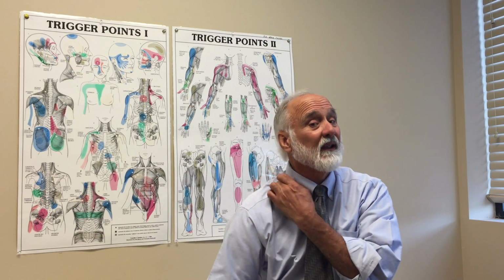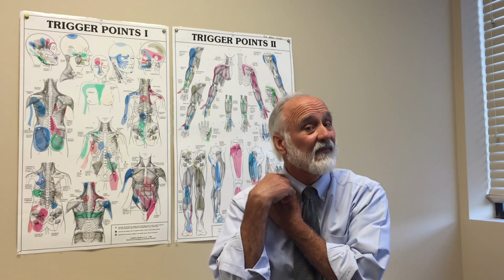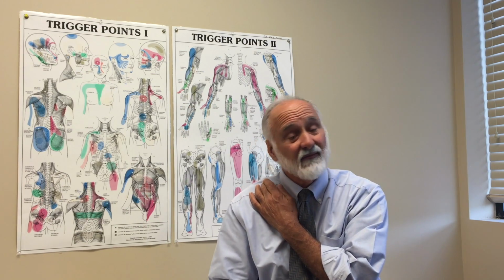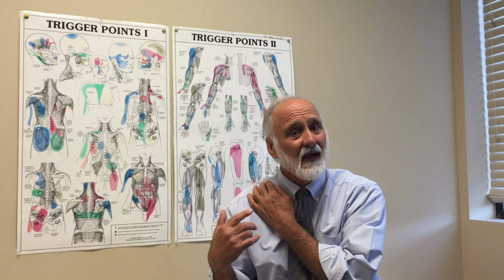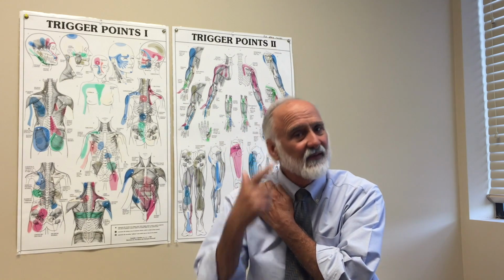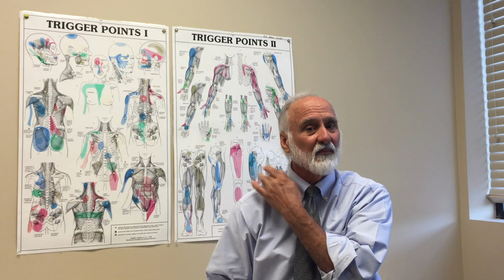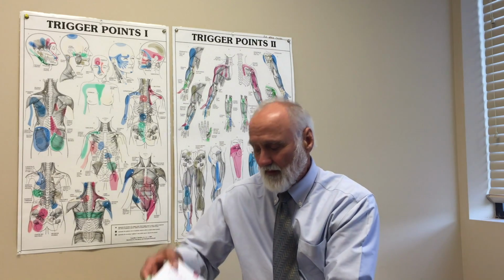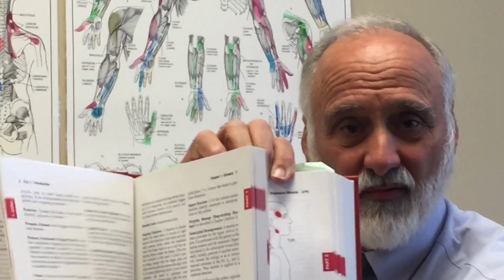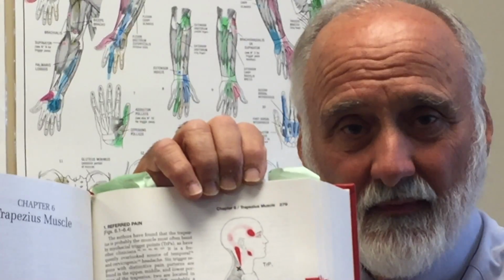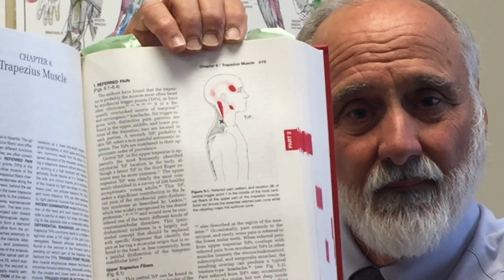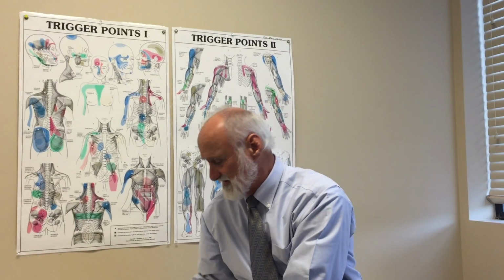You can have a trigger point in the upper trapezius muscle here, and that's very frequently the one that causes headaches. In fact, about 75% of the time, a person's headache that goes over the eye right here is caused by this muscle right here in the upper trapezius. And this is a picture of it.